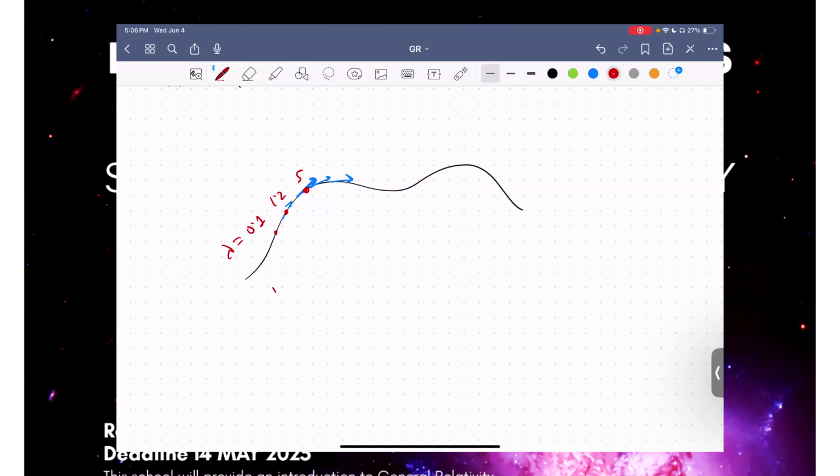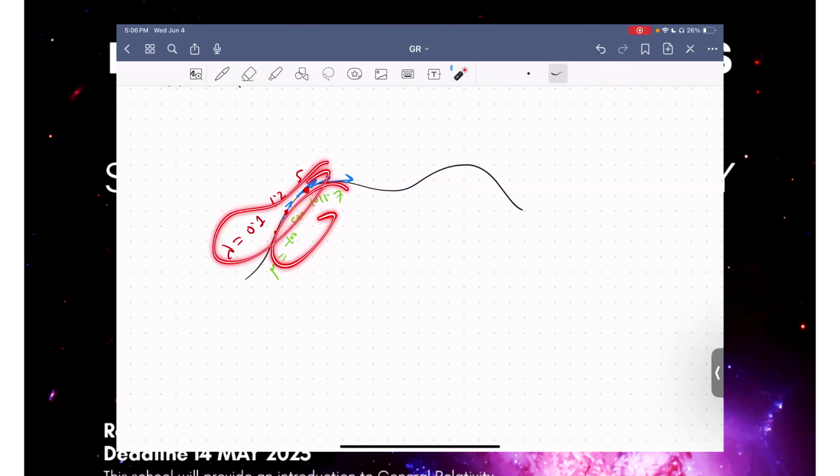But I could choose a different parameter, mu, in a different color, which may be minus 100 here, then 500 here, and then 1011.7 here. How you parameterize a line, or how you label the points of a line, doesn't change what the line is.